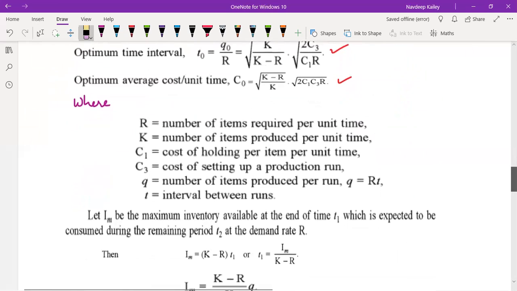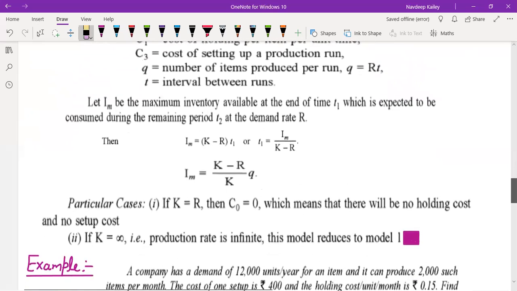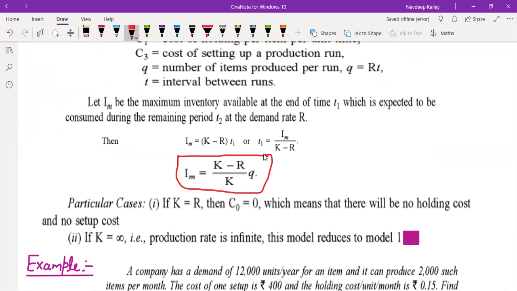Also, the formula for maximum inventory is given by this. This is the formula for maximum inventory in terms of quantity, and this is the formula for maximum inventory available at the end of time t1. Now, there are particular cases of model 3.